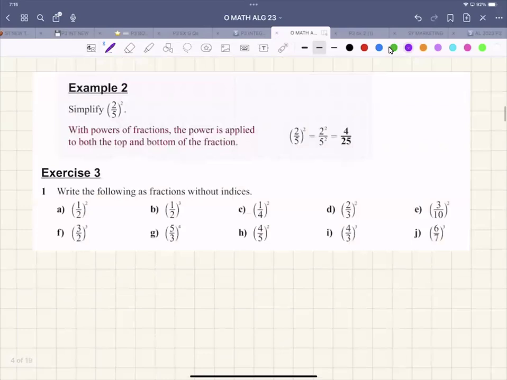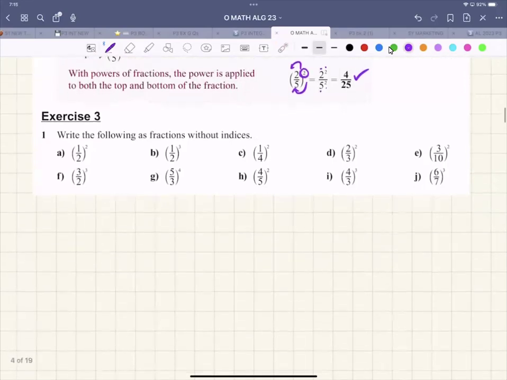Now another question like this. Now you have to simplify the numerator and the denominator. So 2 over 5 raised to power of 2. So this power of 2 is applicable on the numerator, it's applicable on the denominator. So 2 is being squared, 5 is being squared, that is 4 over 25.